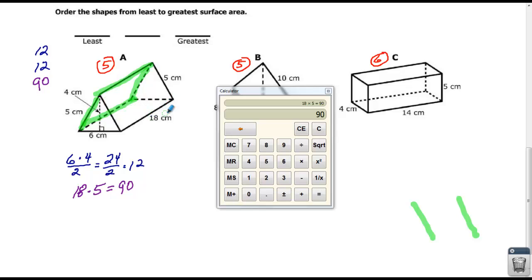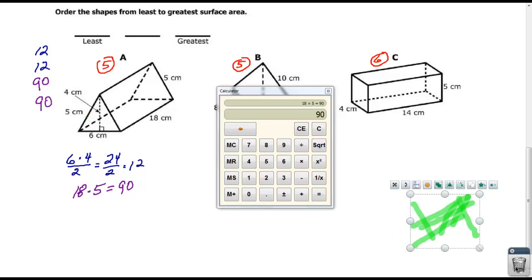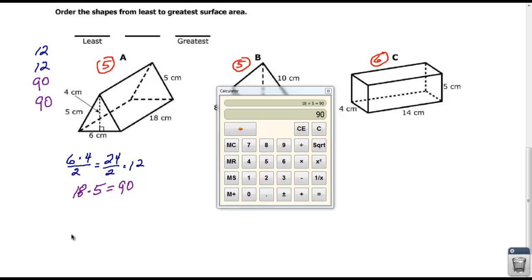Here's a 5 again, and this 18, I could have left it there, is the same as that 18, which means we once again have 18 times 5, which means we once again have 90. So anytime the triangle for your prism is isosceles, I'm gathering all, it's like playing pickup sticks here, gathering all my parts here to get rid of. Anytime your triangle is isosceles, you know that both of the top faces of your prism are the same.